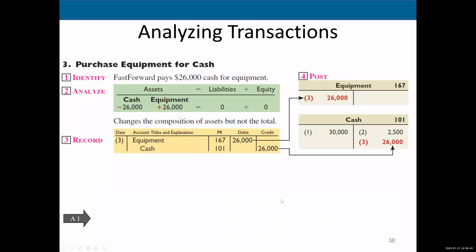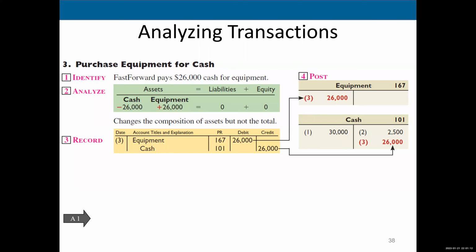Number 3, purchased equipment for cash. Fast Forward pays $26,000 cash for equipment. Well, if the business pays cash, cash is going to go down. So in our accounting equation, minus 26,000, right? Why did we pay that cash? Because we bought equipment. So our equipment goes up 26,000.